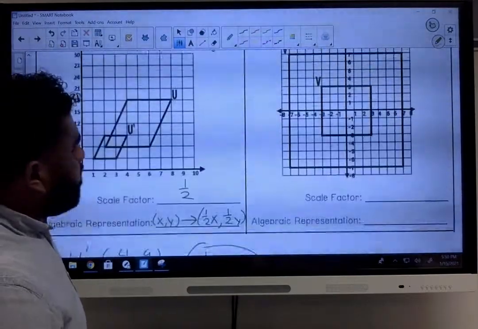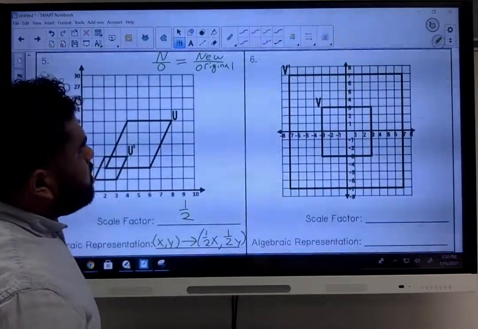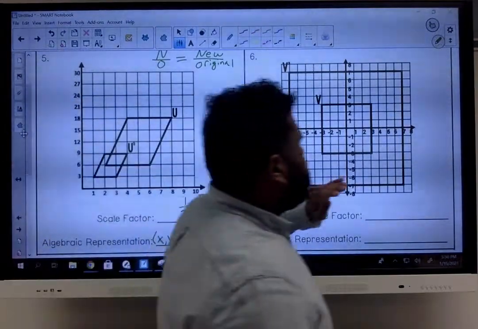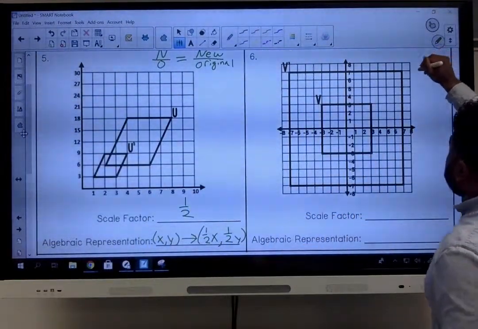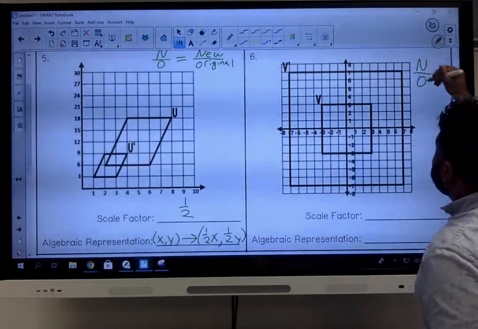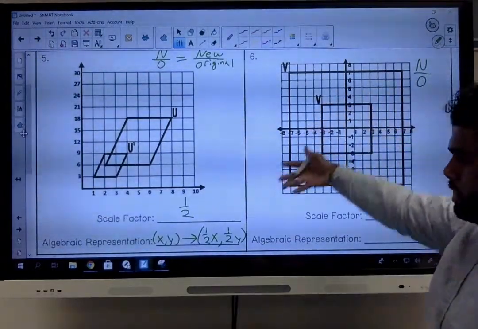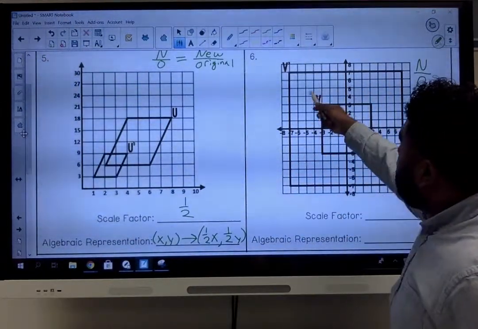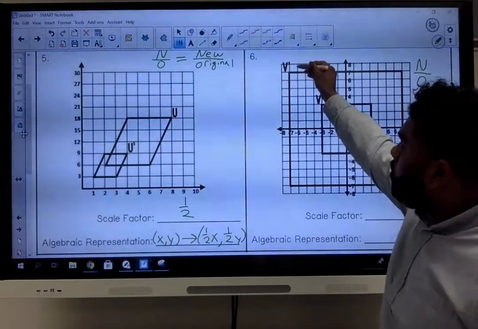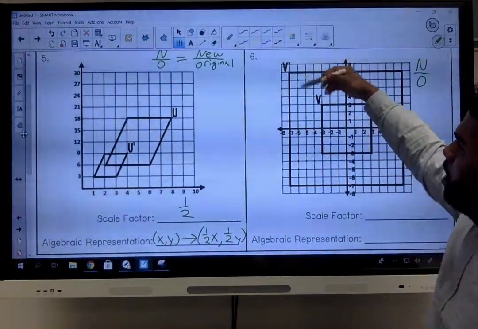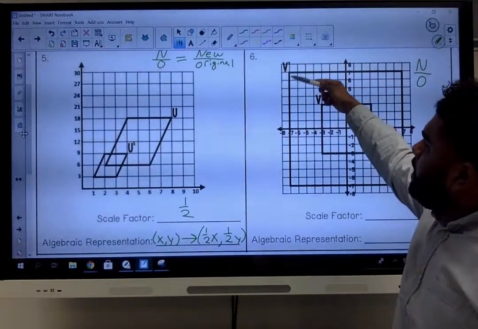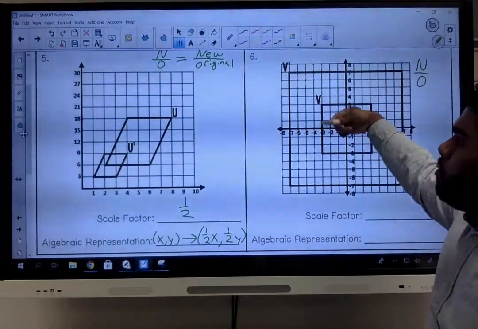All right, so now let's look at question 6. Again, let's start out by writing new over old. That's how we're going to find our scale factor. So v prime is our new one, the one with the little tick mark up and to the right of it. That is our new v point.